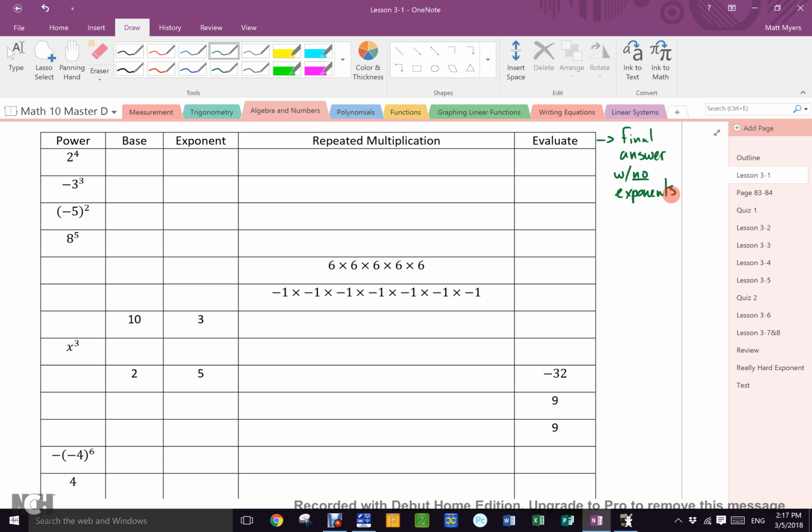Time is up. First one's easy. What's the base? 2. What's the exponent? What's that mean? 2 times 2 times 2 times 2? 16. Listen to me carefully.